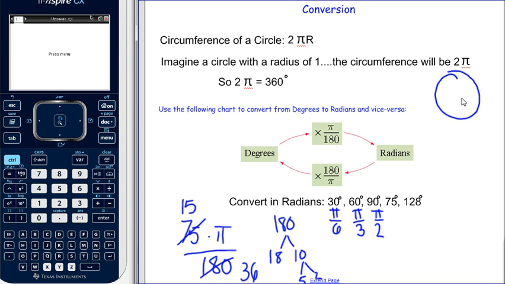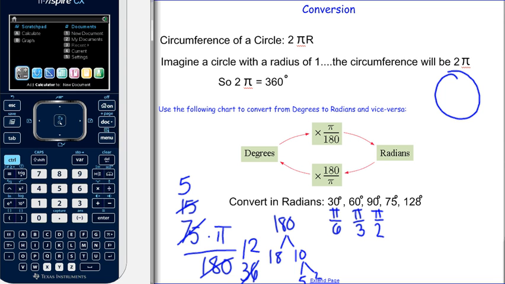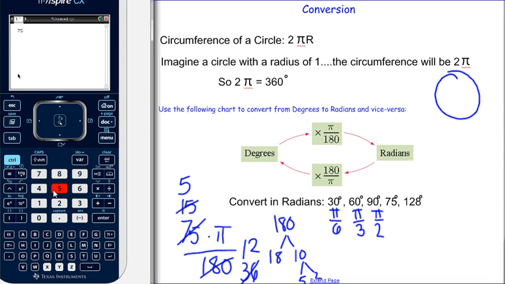Then we should be able to cancel again. If we divide 15 by 3, we get 5. If we divide 36 by 3, we get 12. So 75 over 180 is 5 over 12. Okay, so 75 degrees is 5 pi over 12.